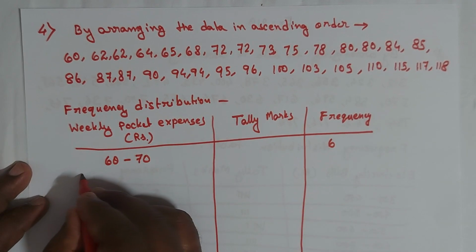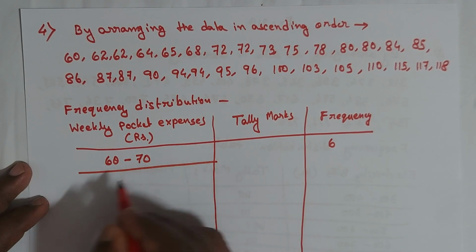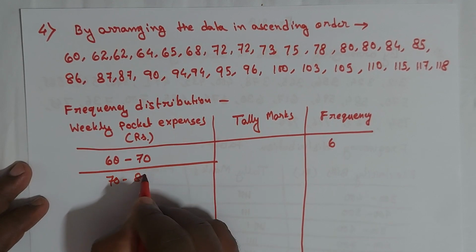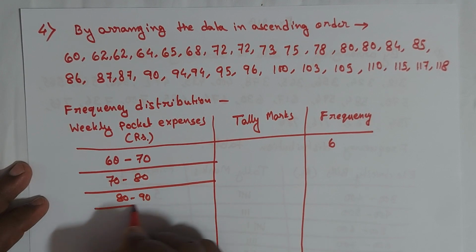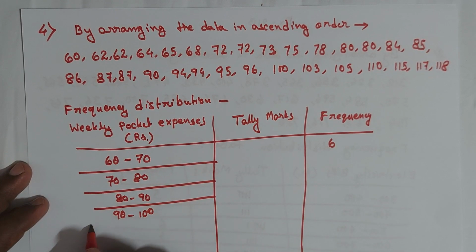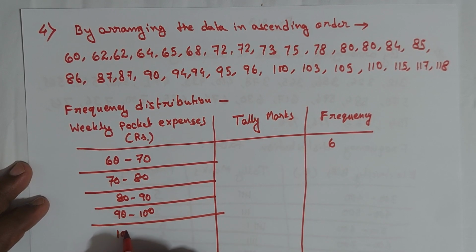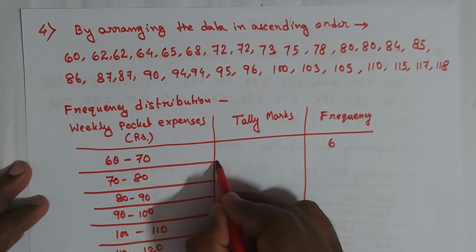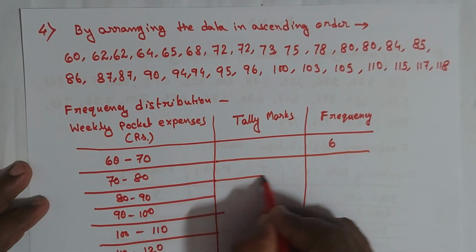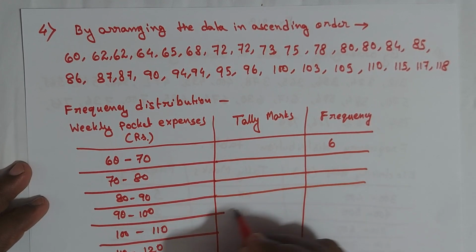First let's divide the class intervals: 70 to 80, then 80 to 90, then 90 to 100, then 100 to 110, then 110 to 120. These are the class intervals.